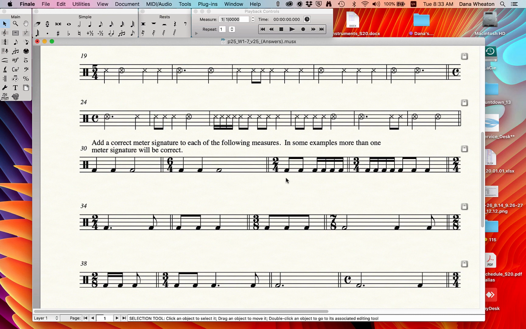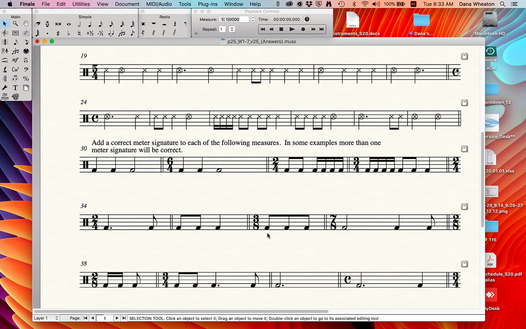Now, we have 2 eighth notes beamed together, 4 sixteenths beamed together, that's 2/4, but if you wrote 4/8, that's also correct. Here we have 4 sixteenths, that's 1 beat, and then 2 eighths, that's 3 beats, but if you wrote 6/8, that would also be correct. Here we have just a beat and a half plus a half beat, that's 2/4, but if you wrote 4/8, that still applies to this one, either 2/4 or 4/8.